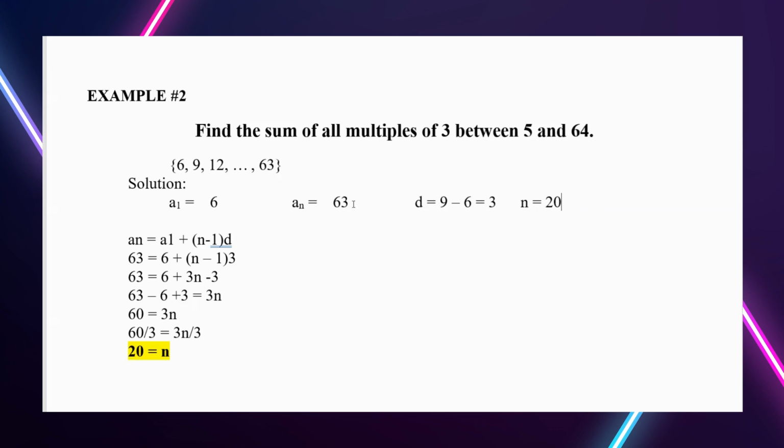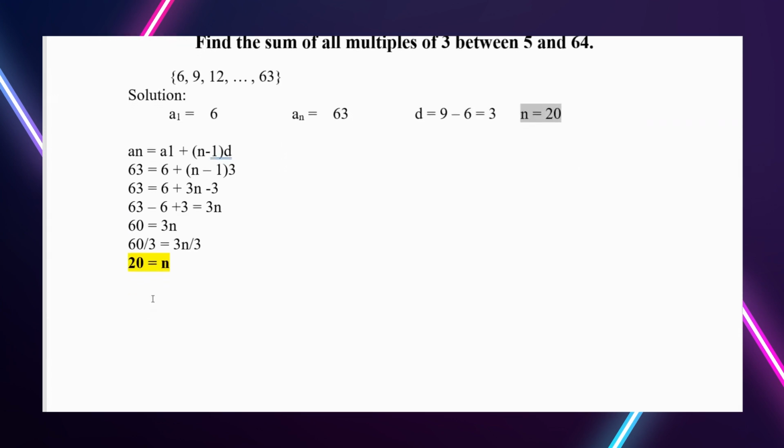So since meron na tayong last term, which is 63, at meron tayong first term na 6, at meron tayong n na 20, therefore, ang gagamitin na nating formula ay ang first formula in finding the sum of the arithmetic sequence, which is s sub n is equal to n over 2 times a sub 1 plus the last term.